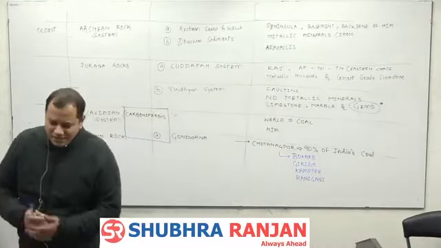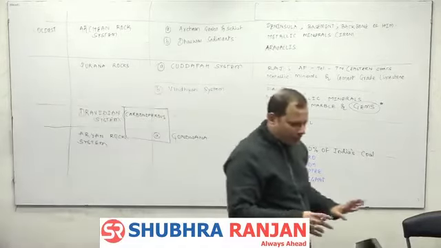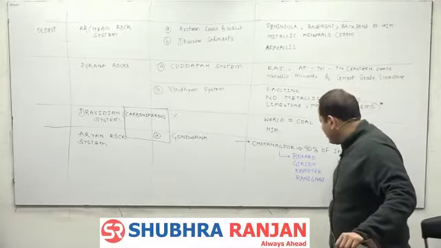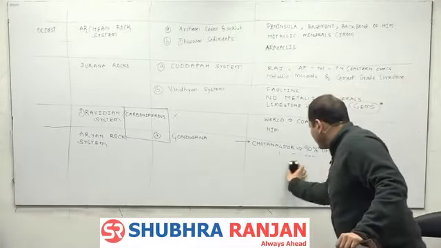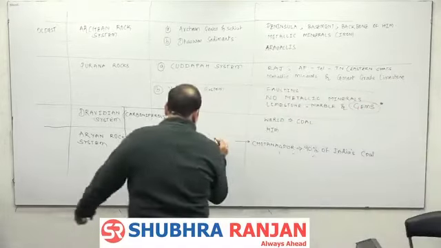Where is Raniganj? West Bengal. We'll come to this again later on. So don't worry about the coal fields in India. All these coal fields in India, which are extremely rich in coal, belong to the Gondwana system. So Gondwana rocks, remember, are very, very important for coal.